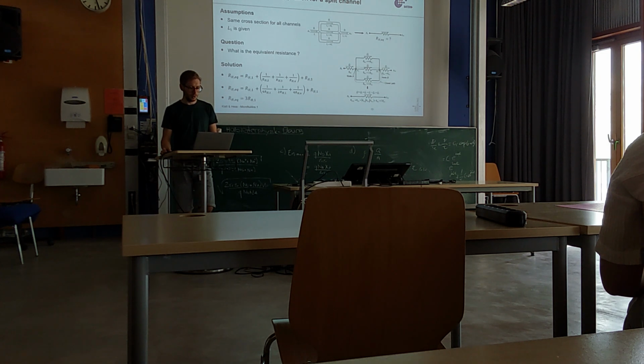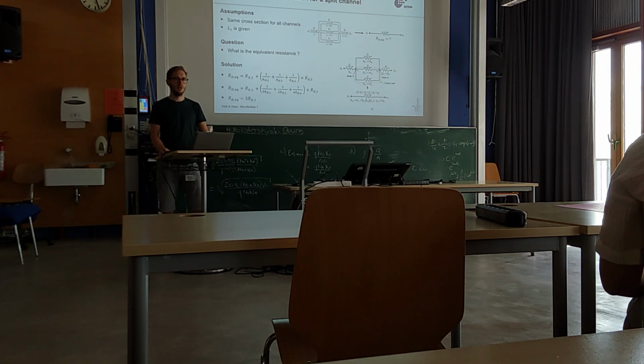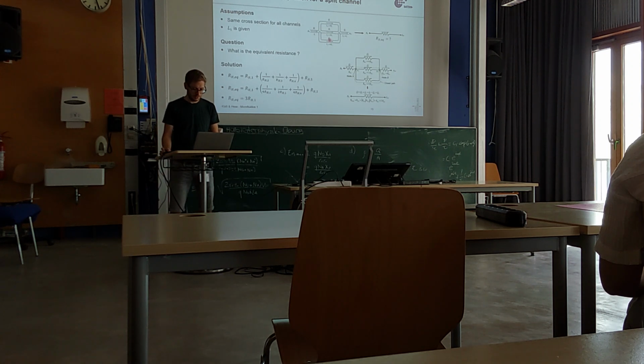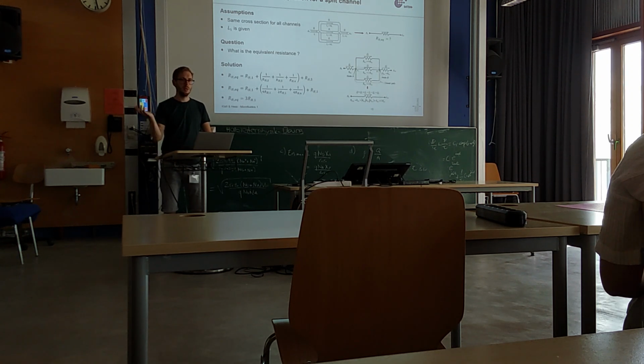If you then perform this with the given assumptions, you end up with the equivalent hydrodynamic resistance equal to 3 times the hydrodynamic resistance of channel 1. You just have to follow this guideline, and this will also be covered in the exercise. So there will be plenty of occasions to train this.